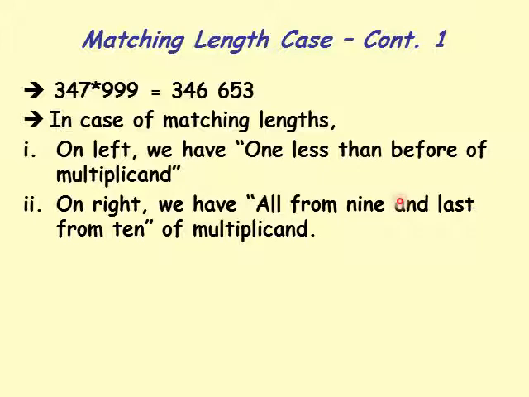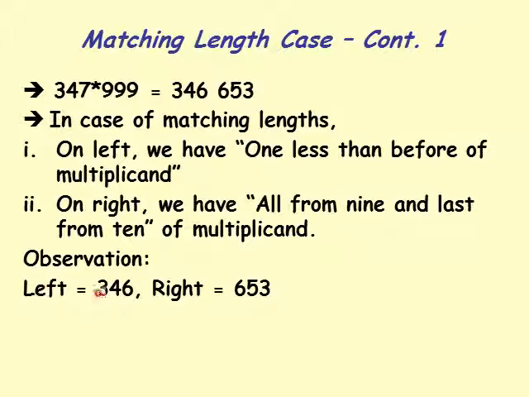On the right we have all from 9 and last from 10 of the multiplicand. 653 is all from 9 and last from 10 of 347. 3 from 9 is a 6, 4 from 9 is a 5, and 7, the last one from 10, is a 3.